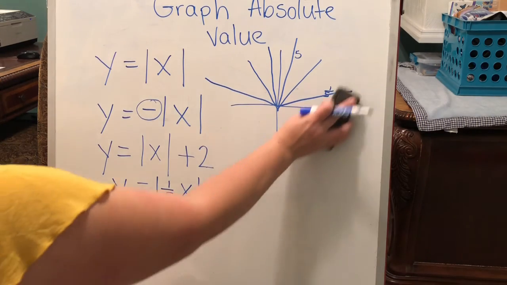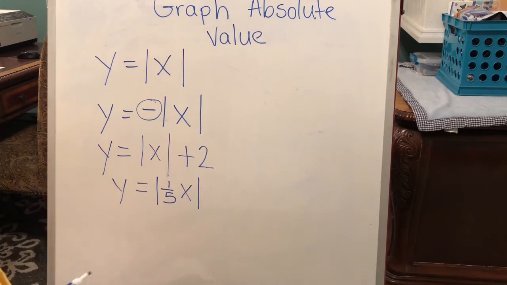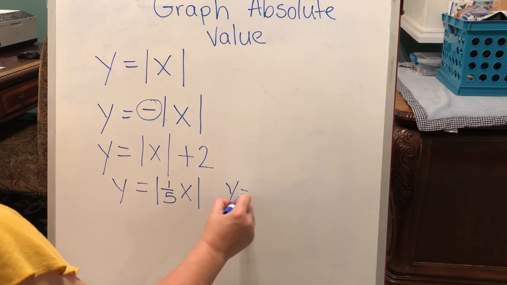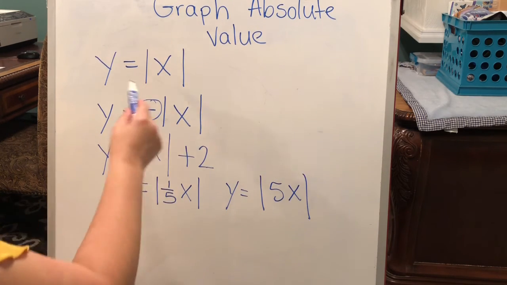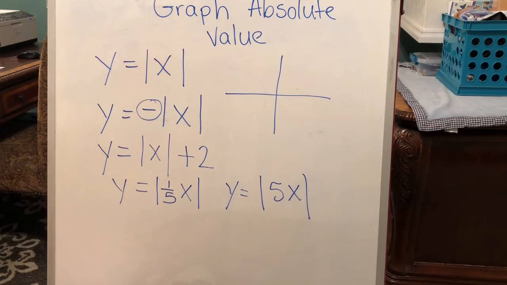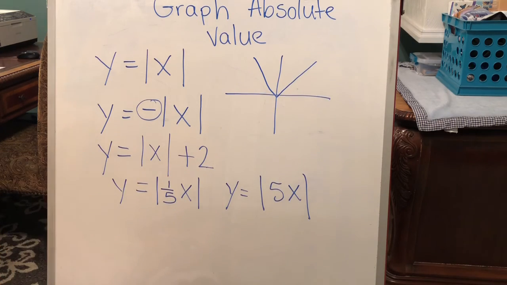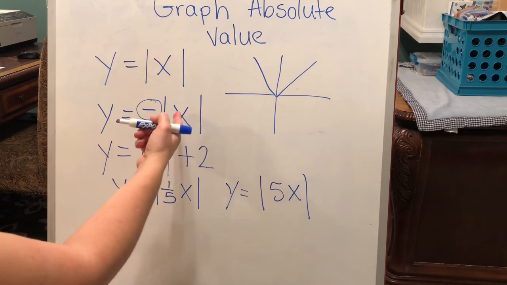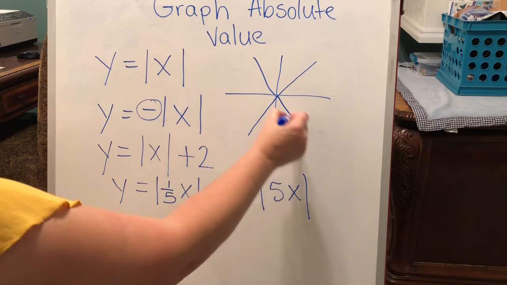These are the characteristics of the graph of the absolute value. So we will recap this here so you can remember. All right, the absolute value of x is positive, the V opening up. The negative absolute value of x is going to be opening down.